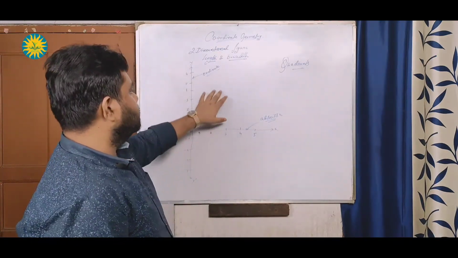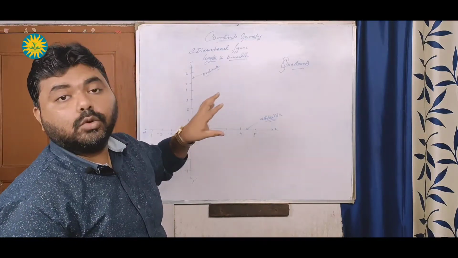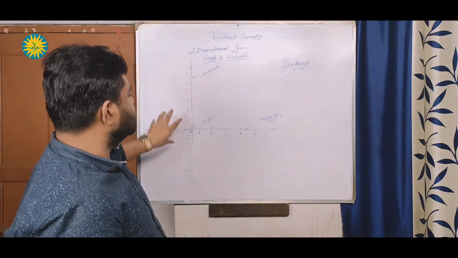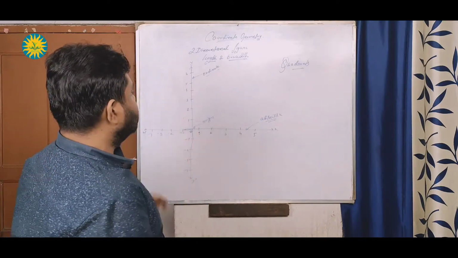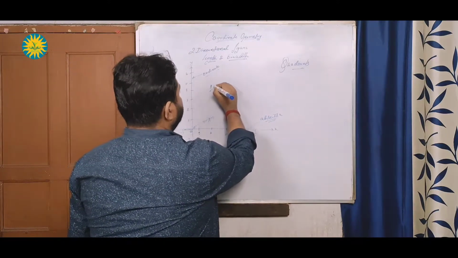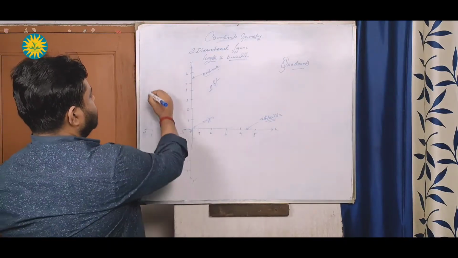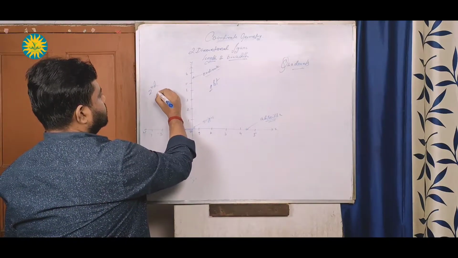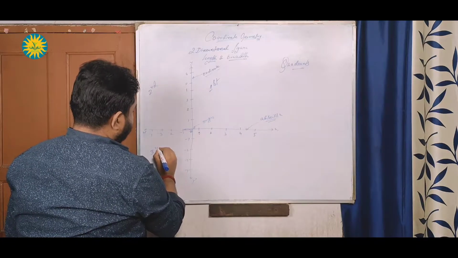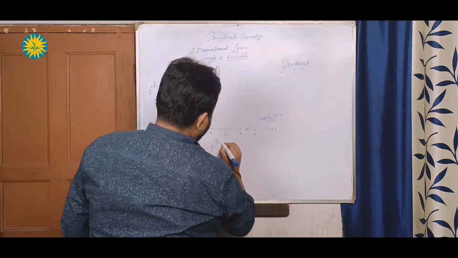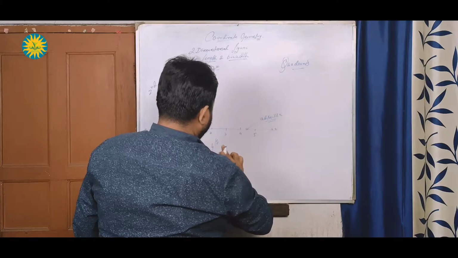From quarters, the name quadrant is given. This one is known as the first quadrant, this one is the second quadrant, this is the third quadrant, and this is the fourth quadrant.